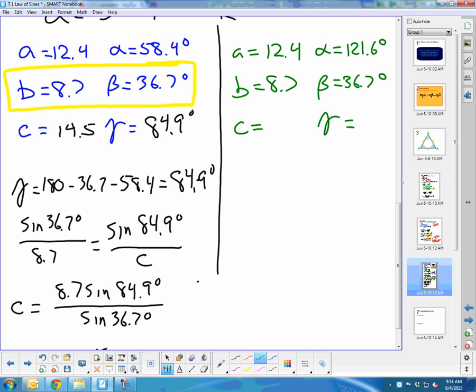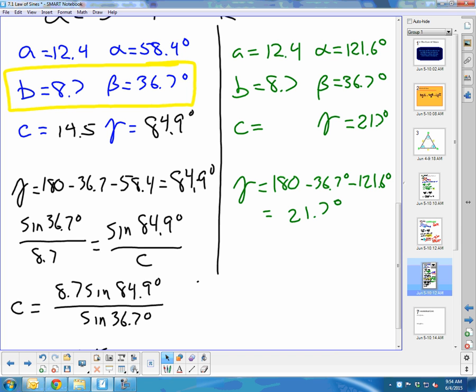All right, we're back. I would start just the same way, finding gamma: 180 minus 36.7 degrees minus 121.6 degrees. We go through that process and we get 21.7 degrees. So I'm going to put that 21.7 degrees there.